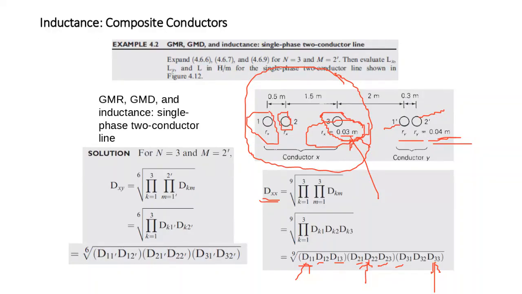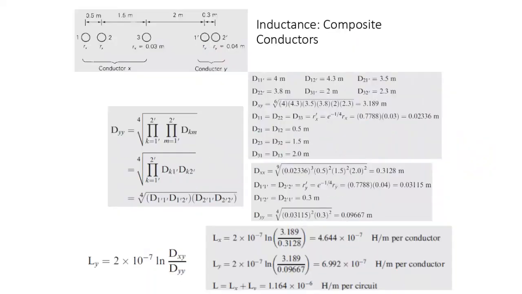Also, you do the same thing here for conductor Y. Therefore, you will have D1 prime, 1 prime, D2 prime, 2 prime, and so on. This is the conductor Y. Therefore, you will have it like this, as you can see. So these are D21, D22, you will make it, and DXX. So you find it like this, whatever.